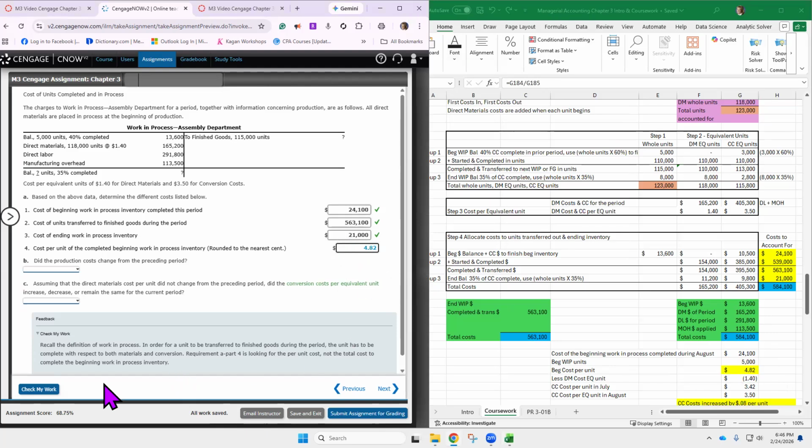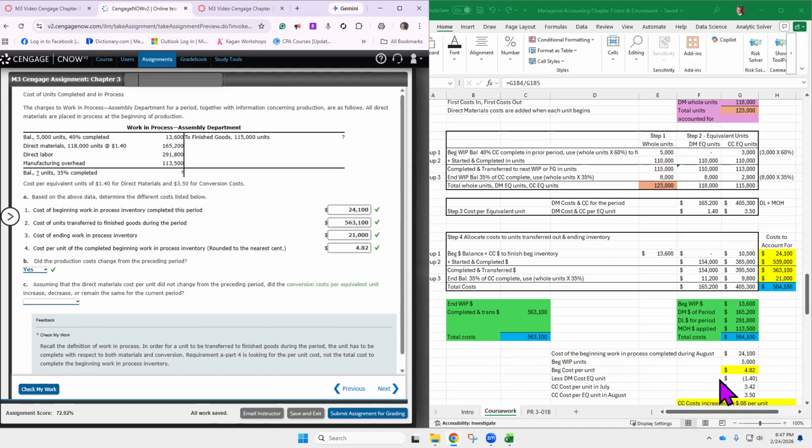Now what we're going to do is, it says, did the production cost change from the preceding period? Yes, they did change, and here's how we know.